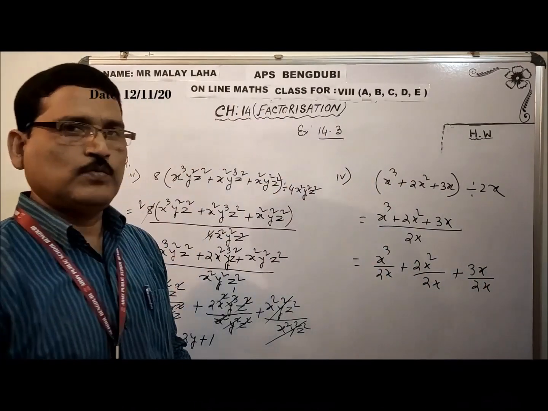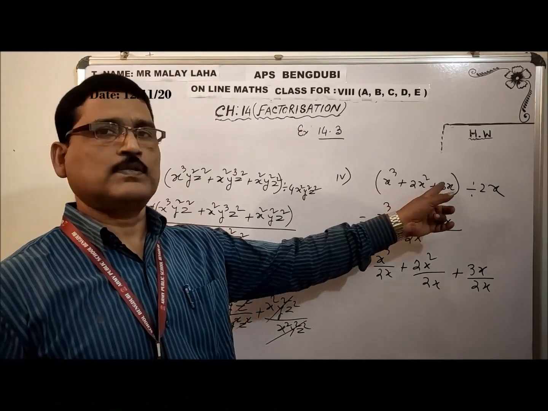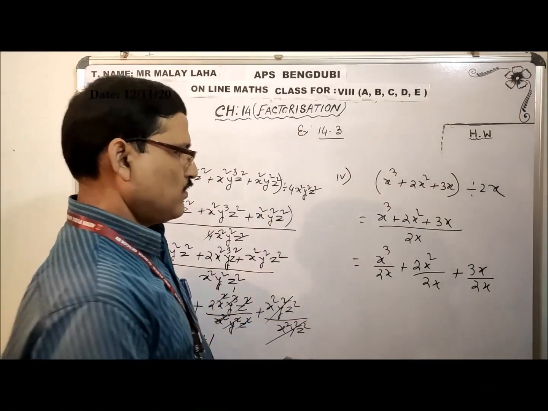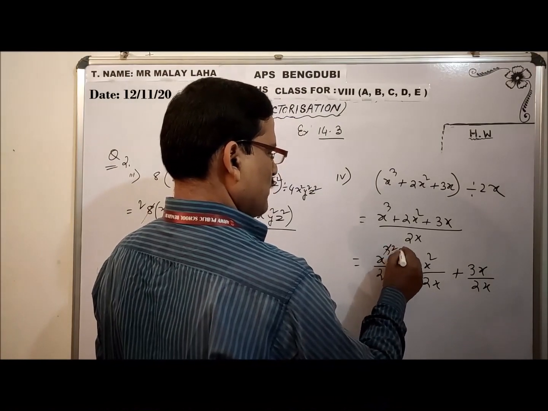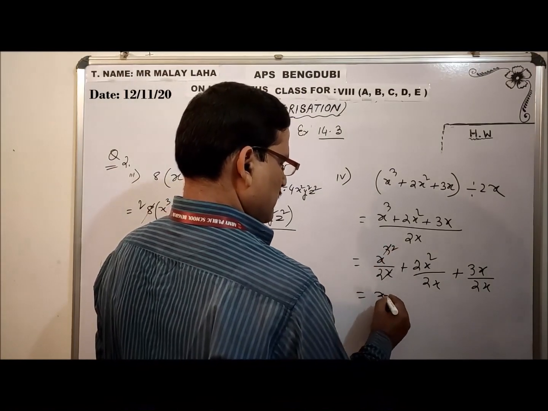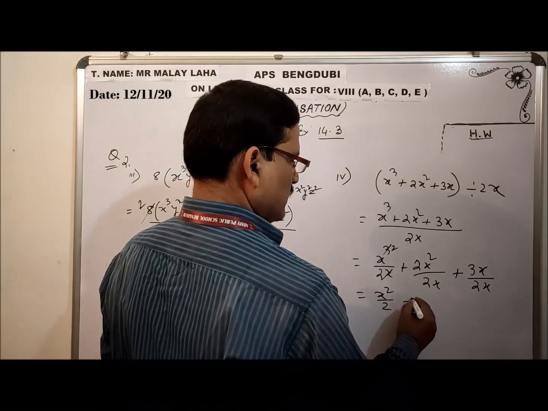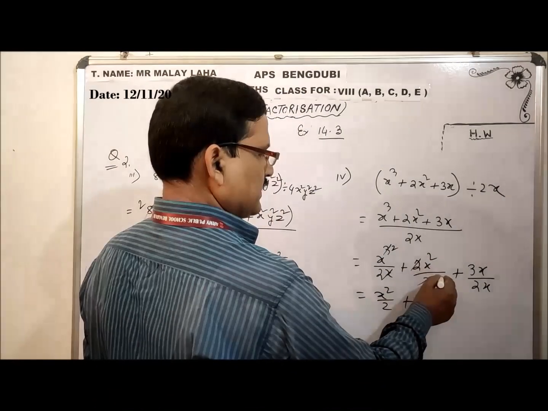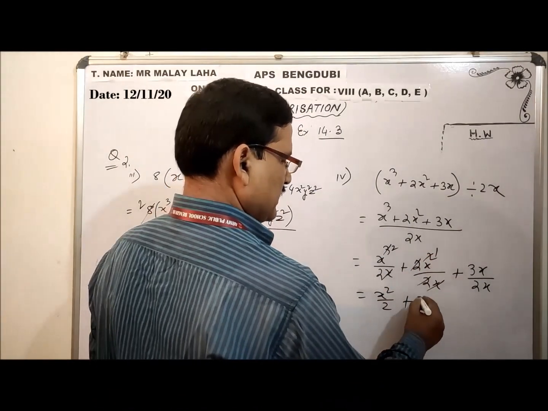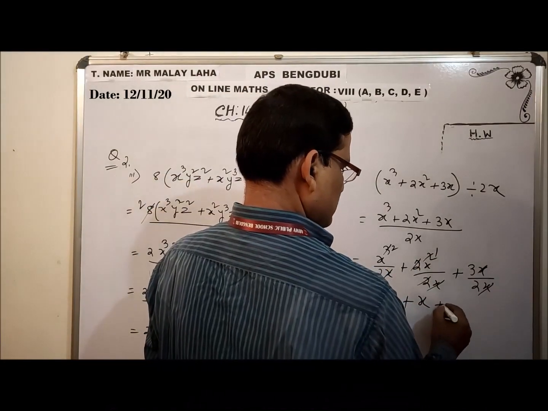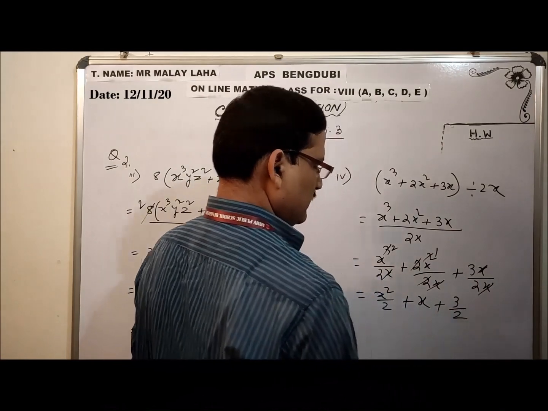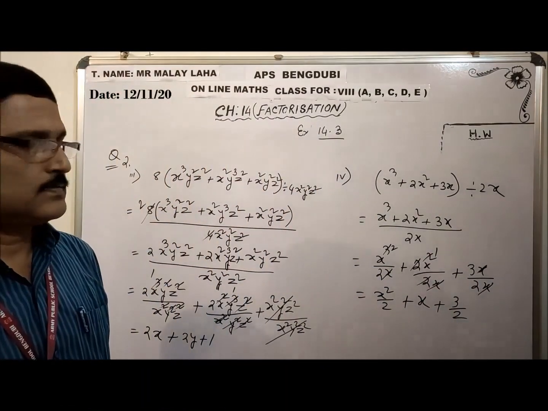The denominator is for all terms present in the numerator. Now if I cut one power here, 2 power is left, so it will be x square by 2. Here the 2 cancels, one power of x is left out, x cancels, what is left out? 3 by 2. This is the answer.